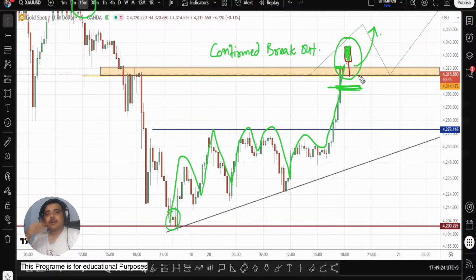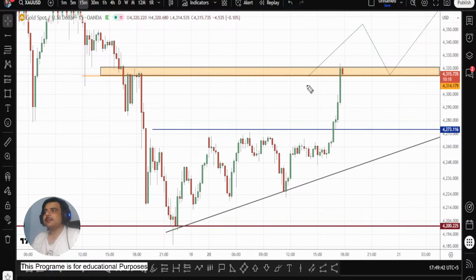So if a lot of buying occurred, who knows if these bulls are market makers and they just want to trap the bulls, and suddenly they leave the positions and the market drops back to 4200. So it is a little bit difficult to say whether it is coming back down from right here or not.